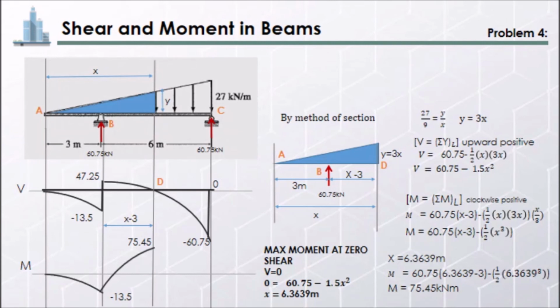Now, class, before we go to moment, remember this. I want to remind you, as I said earlier, that the maximum moment always occurs where shear is equal to 0. Using this, V is equal to 0, and we use the equation for shear we derived.